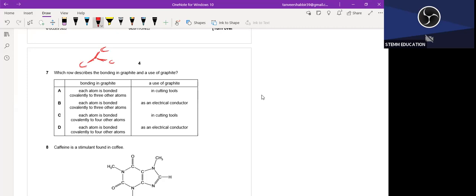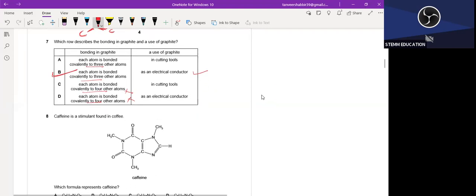So the rows with 4 are wrong; either A or B is correct. The second part is the use of graphite: cutting tools or as an electrical conductor. It is used as an electrical conductor because graphite is the only non-metal that can conduct electricity. So B is the correct answer.